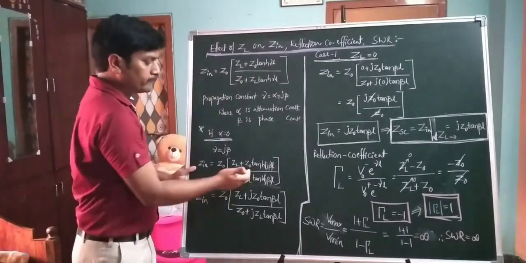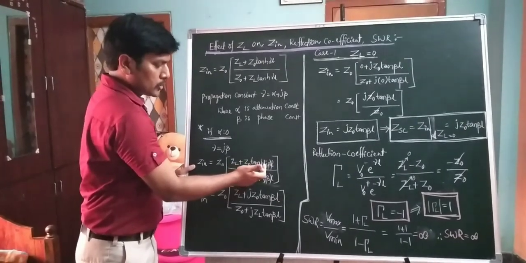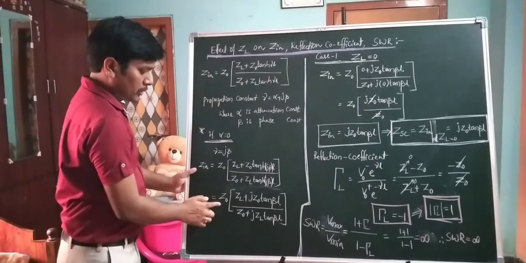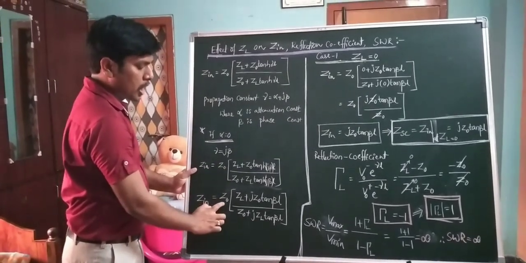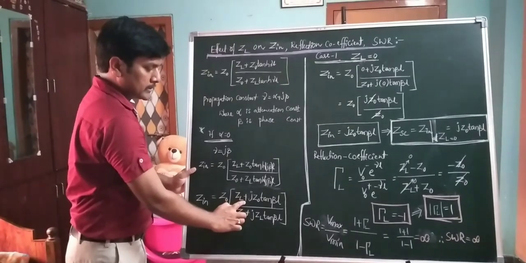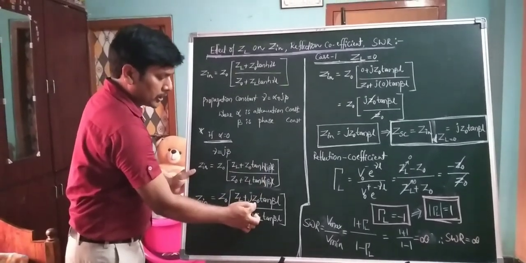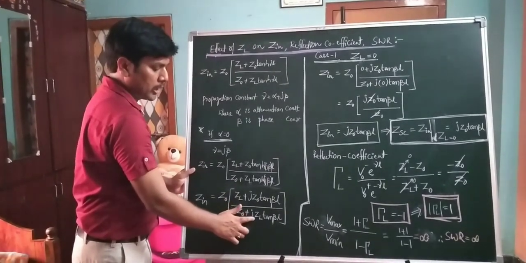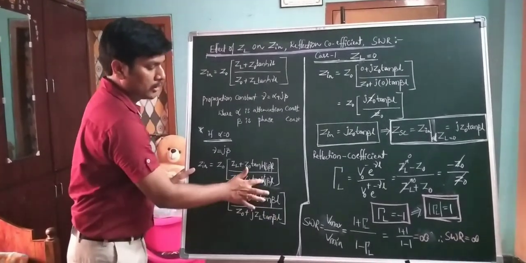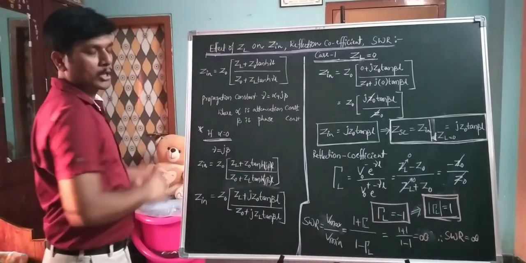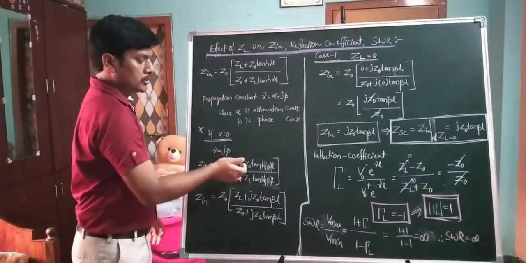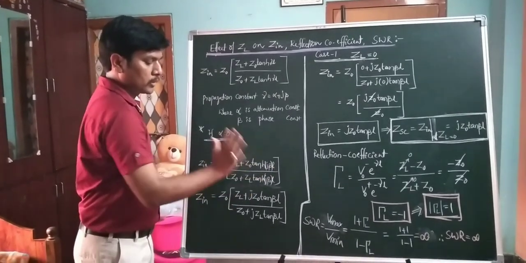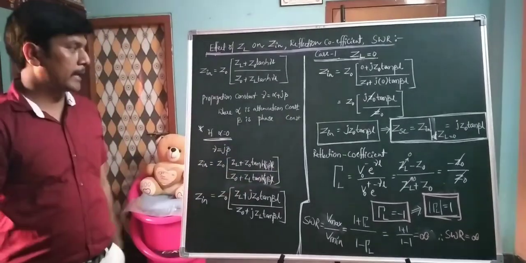As we know, we can take the j out, and the h gets cancelled. So from the trigonometric conditions, Zin is equal to Z0 into (ZL plus j Z0 tan beta L) divided by (Z0 plus j ZL tan beta L). The j can be taken out and we can write Z0 tan beta L. Here also we apply the same thing. So this is the expression.